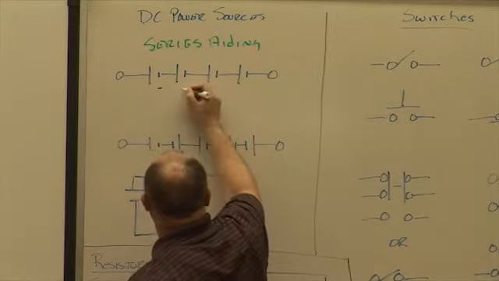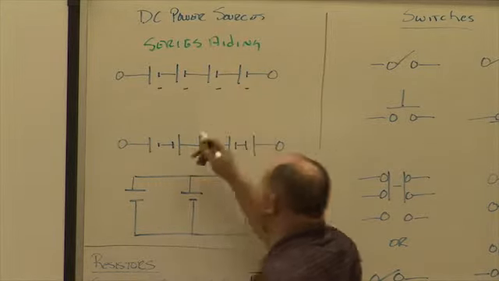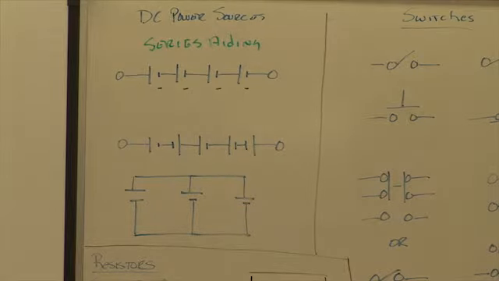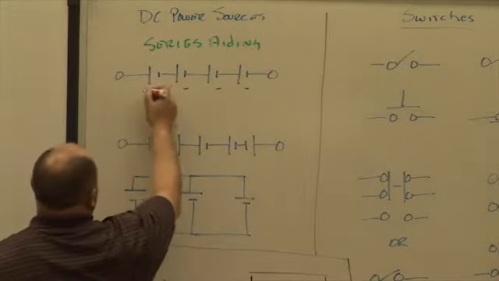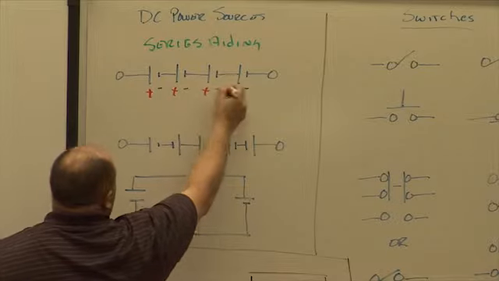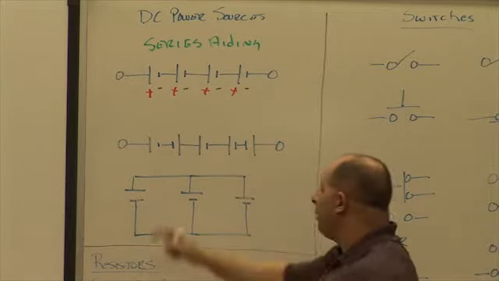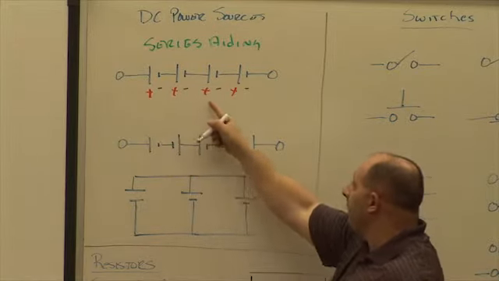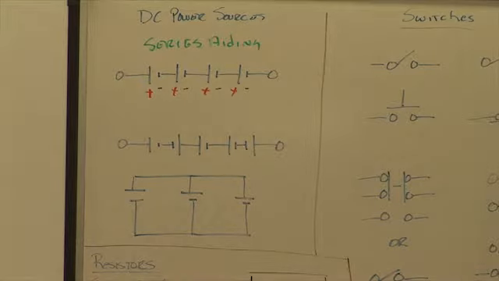Because we should know by now that in a cell or a battery, the long line is what polarity? Positive, and the short line is negative. Furthermore, if we start from the left: positive, negative, positive, negative, positive, negative. So that must be aiding, because they will all add together to give me a certain total potential.